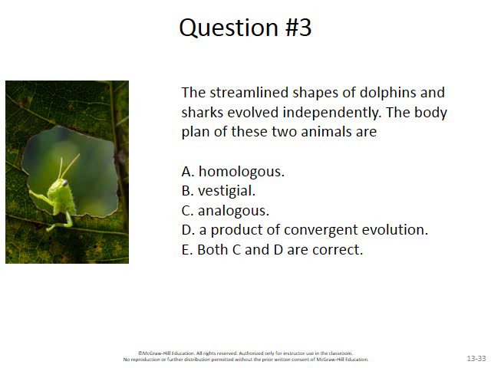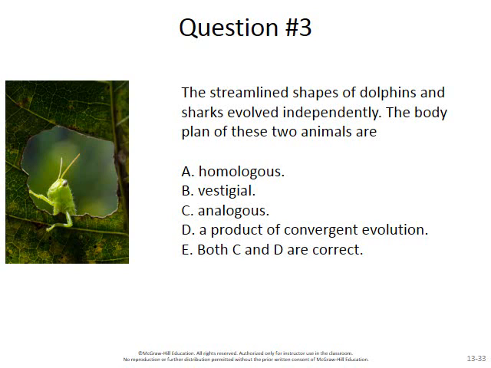They're not closely related. And so this streamlined body shape is not homologous because it's not shared by the common ancestor. Vestigial doesn't really make sense. There's nothing being lost here. Analogous, yes, this streamlined body shape is analogous to one another. It's a very similar body shape, but it arose independently from one another.